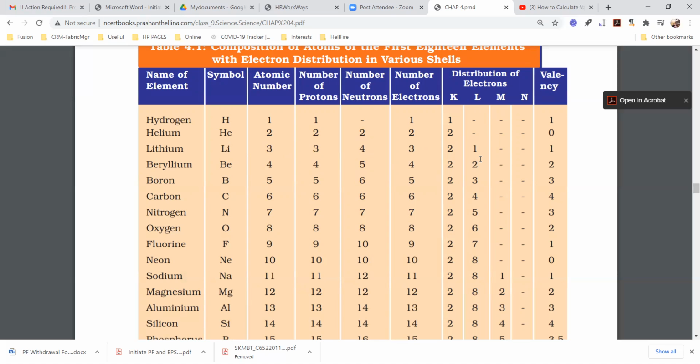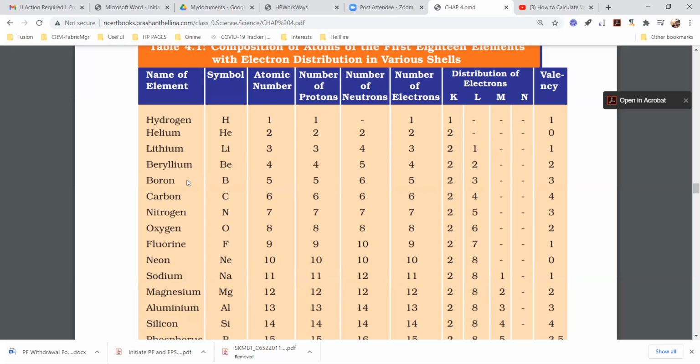So lithium has to take 7 electrons to reach the satisfied state. But instead of taking 7 electrons, it will leave this extra electron. If it leaves the extra 1 electron, the valency is 1.